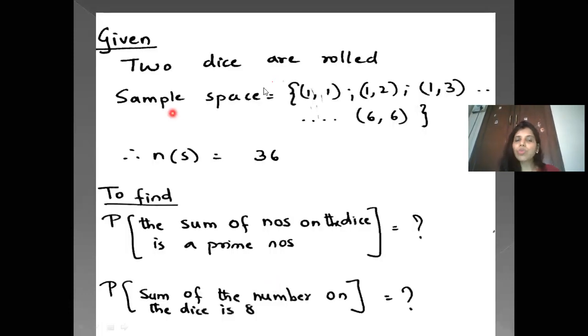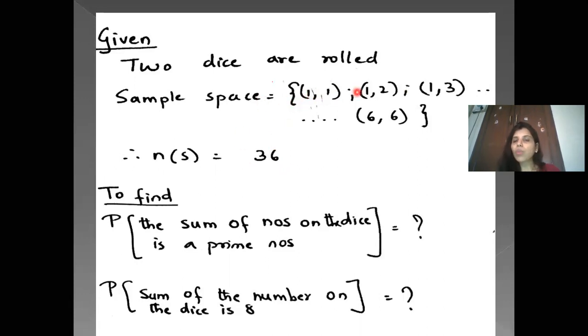So if two dice are rolled, we have to list the sample space, but you have to always remember, as I've told before, that if two dice are rolled, the number of sample space is 36, that is 6 square, because there are 6 faces with 1, 2, 3, 4, 5, 6, and 2 dice, so 6 square, that is 36.